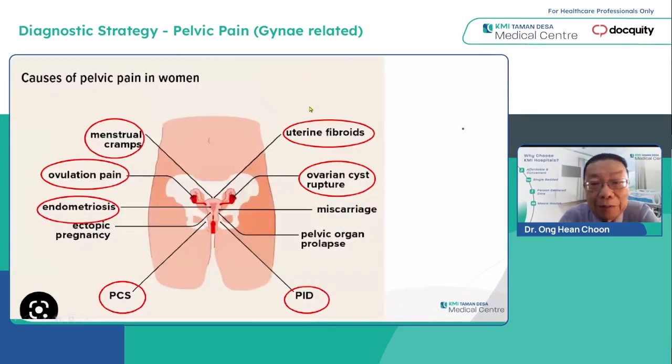So basically, I've tried my best to give you some diagnostic strategy and points as to how to evaluate all these various clinical conditions and come to a good diagnostic conclusion. And to be honest with you, many of the minor problems you can manage yourself in your clinics, but if there are those that you are not very familiar with or you are a bit concerned about, please refer to your relevant gynecologist for further evaluation and diagnosis.